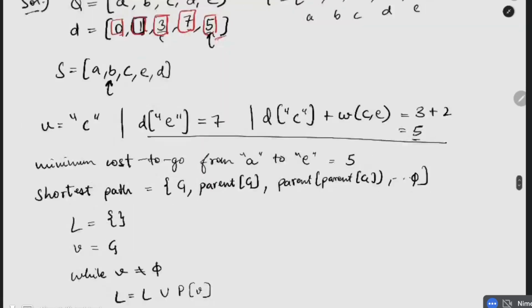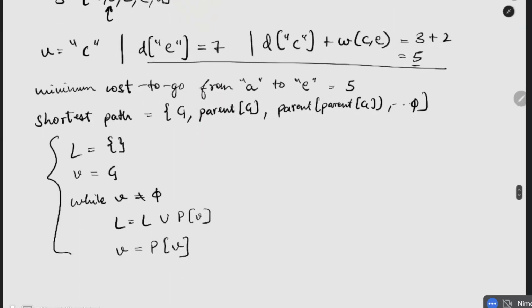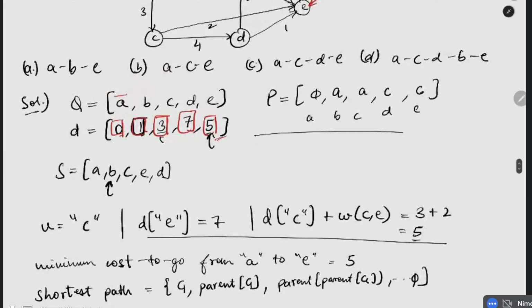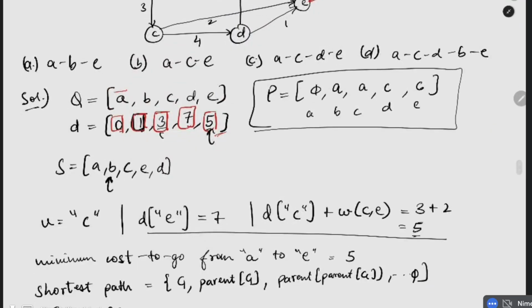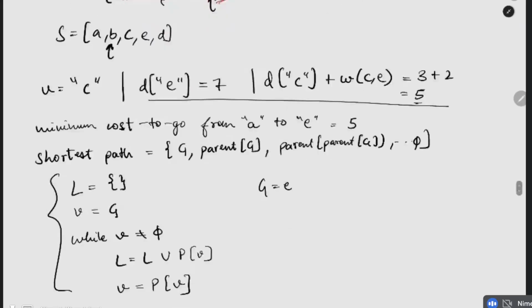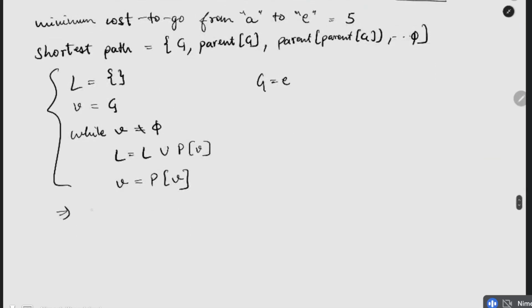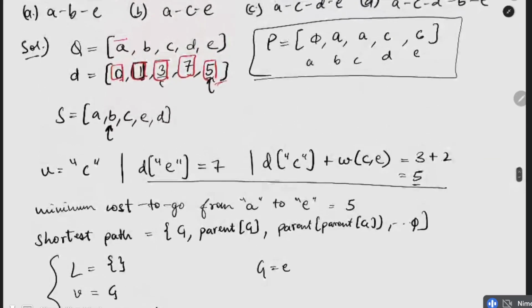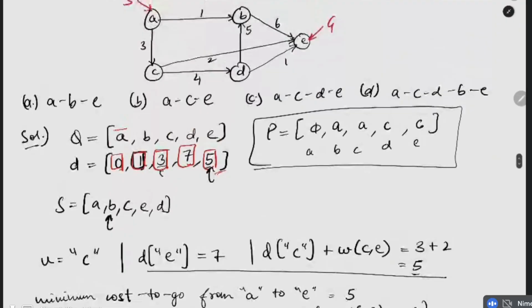And if we follow this with this parent array that we have, our G is E. And in the end, we do L dot reverse, because we are backtracking the solution.